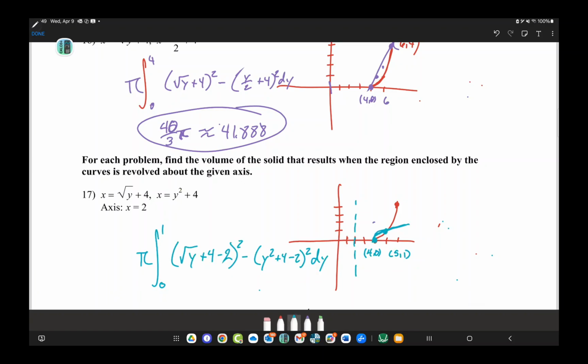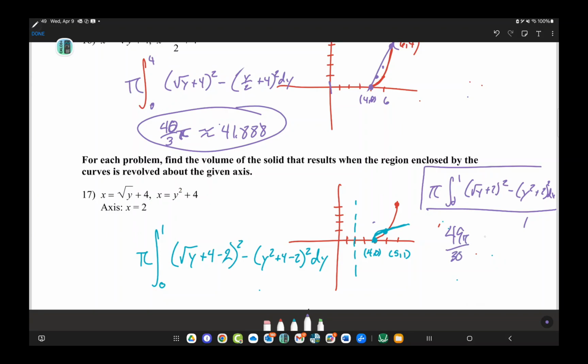Now, you do need to simplify that to be pi times the integral from 0 to 1 of square root of y plus 2 squared minus y squared plus 2 squared dy. That's what I would expect to see for that question. And if you did solve it, 49 pi over 30, which is 5.131.